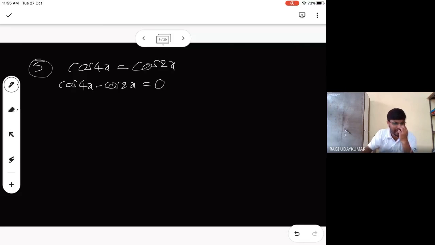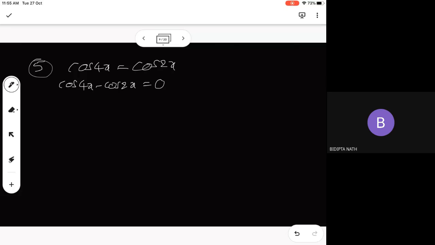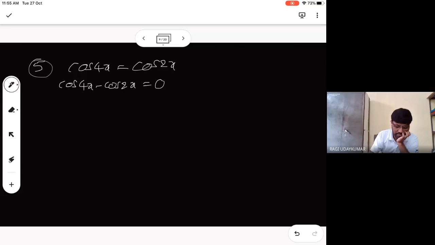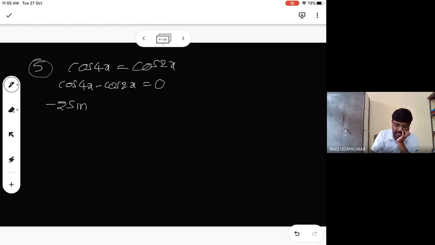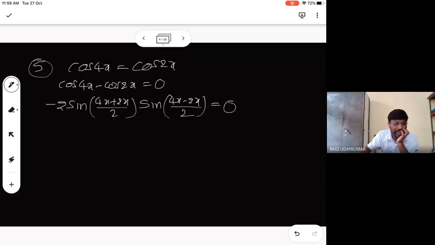Sir, minus 2 sin (c plus d) by 2 minus d. Yes, 2 sin (c plus d) by 2, means (4x plus 2x) by 2, and sin (c minus d) by 2, (4x minus 2x) by 2 is equal to 0. Like this you have to do it.